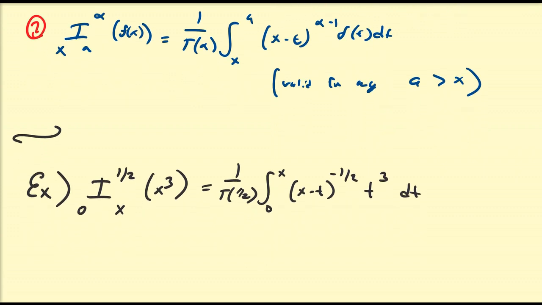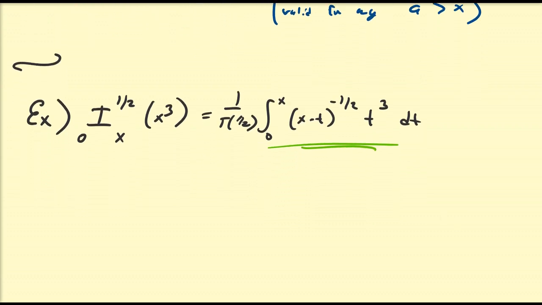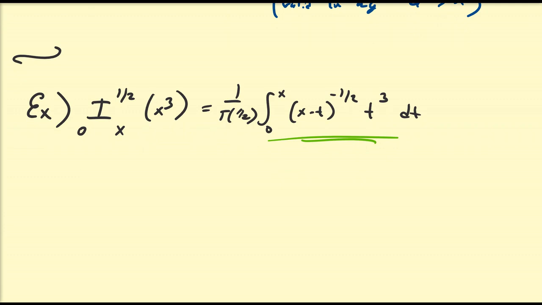Since this right-hand integral is a function of x, this gives you a general representation of the half integral of x cubed, and if you're really clever, maybe you can even find a general expression without having an integral here. But of course, the theory of integrals usually implies that a lot of these functions do not have closed forms in terms of elementary functions, so there is some difficulty there.